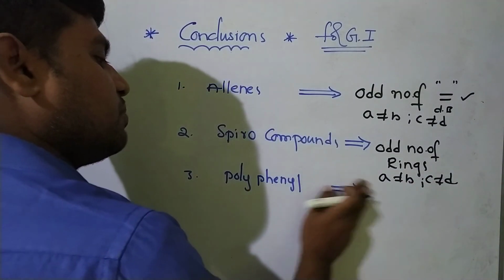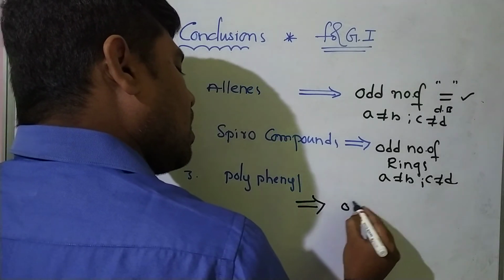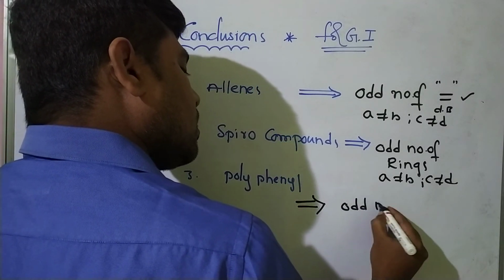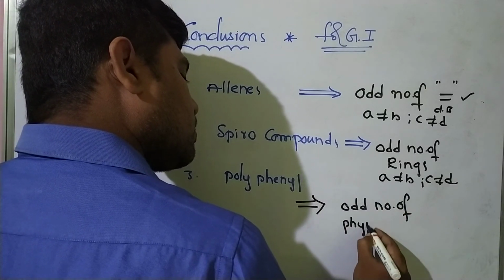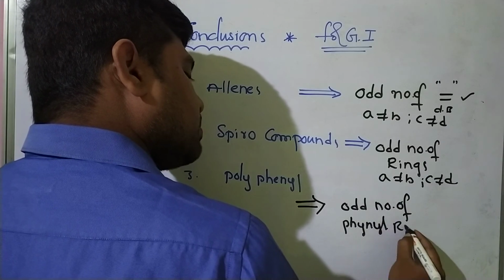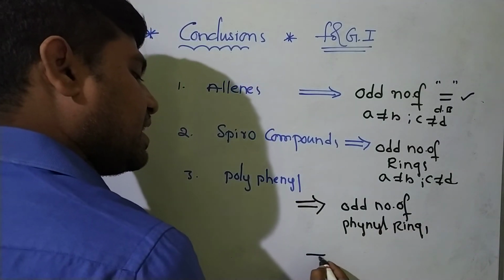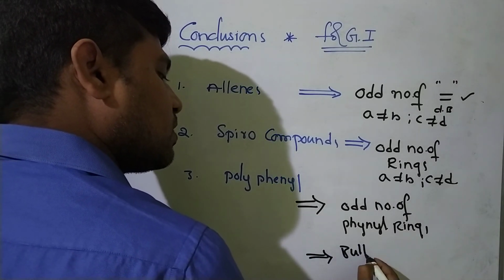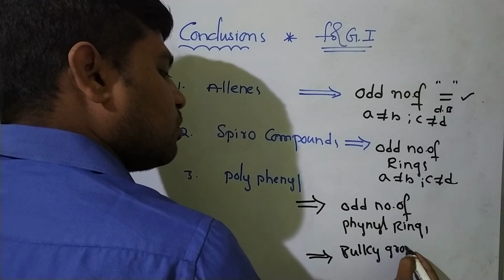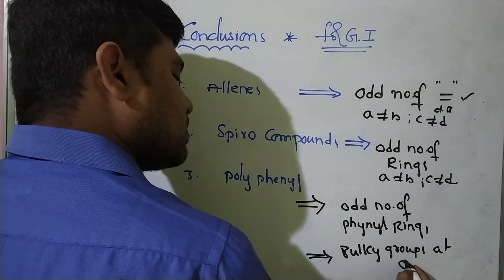So what about polyphenyls? For polyphenyls also an odd number of phenyl rings, and phenyl rings means benzene rings, is compulsory. The second condition is bulky groups at ortho positions.